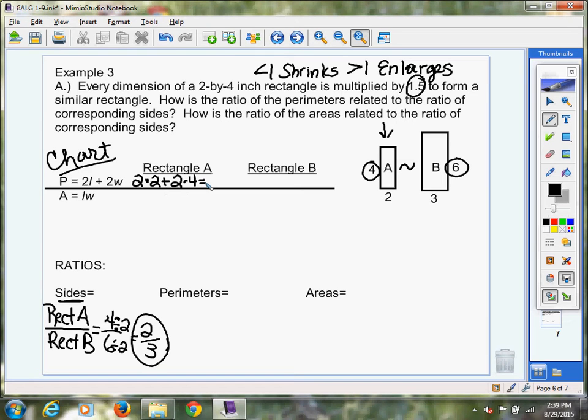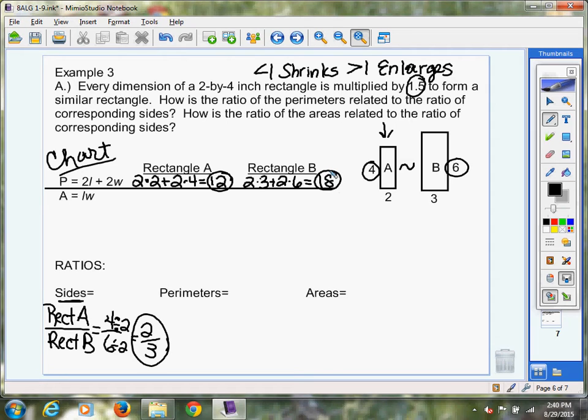So we substituted in the measurements for length and width. Length is 2, width is 4. 2 times 2 is 4, 2 times 4 is 8, 4 and 8 is 12, okay? So that's important, circle that. Now for rectangle B's perimeter, we're going to do 2 times 3 plus 2 times 6. 2 times 3 is 6, 2 times 6 is 12, 6 and 12 is 18.